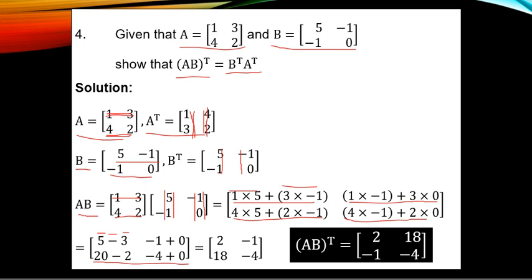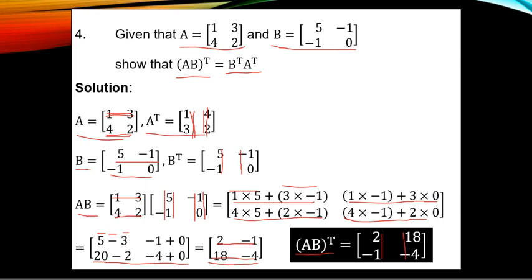So when you add, you have this result. Remember, in the first part, we need the transpose. So the transpose, you take the first row and make it the first column, and you take the second row and make it the second column. That is the first part.